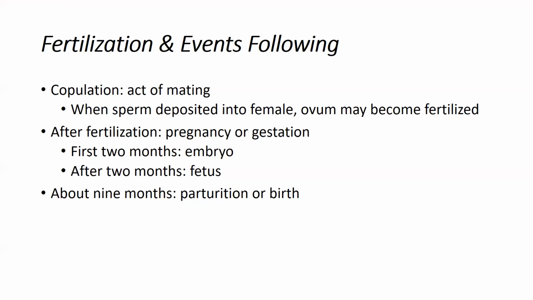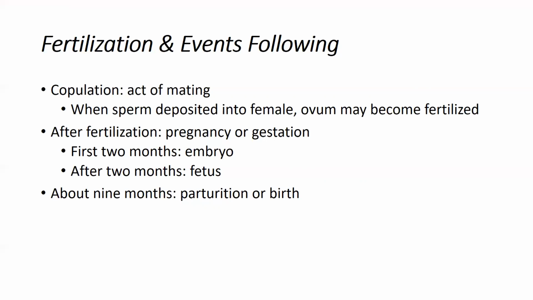So after fertilization, right, we have those gametes coming together. They form a zygote, right? It's immediately after fertilization when a spermatocyte and an oocyte come together that it becomes a zygote. And then within the first 2 months, it becomes an embryo. And then after the first 2 months, it becomes a fetus. So typically an embryo is what we call the initial stage of that fetus. But as long as it is within the uterus, right?